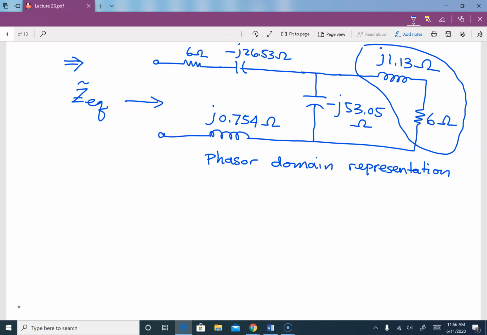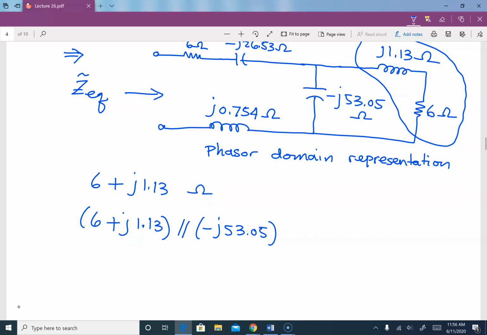The 6 ohm is in series with J 1.13. And then 6 plus J 1.13 is in parallel with negative J 53.05.